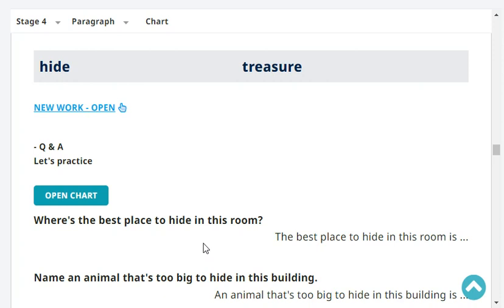Under the bed. Very good. Under the bed.